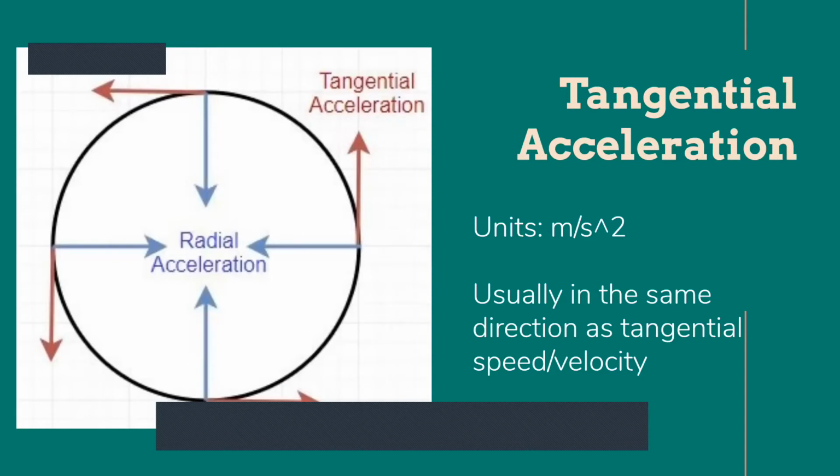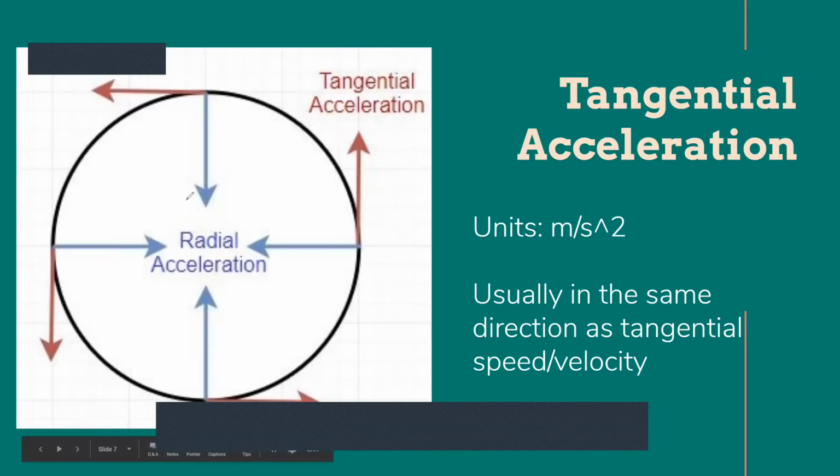At any point on this circle, the tangential velocity is always perpendicular to the center. But you might be asking, this object is going in a circle, but if its tangential velocity is not towards the center, why is it moving in a circle? Just to clarify, if you guys didn't quite understand what I just said.